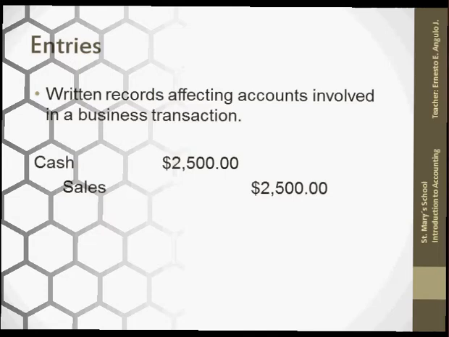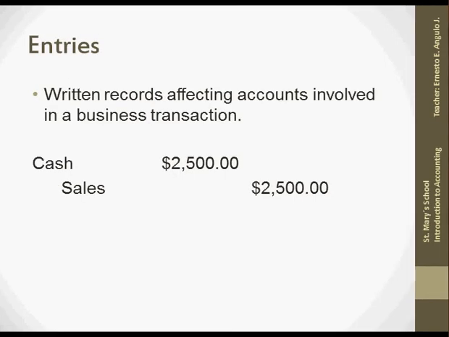Now, let's see how we write an entry. Pay attention because the form or format is very important. All debits must be written first, immediately close to the margin. Once you finish with the debits, then you proceed to write the credits, leaving an indent of about 1 centimeter at the right of the margin.